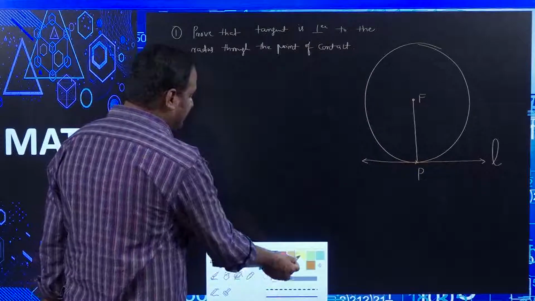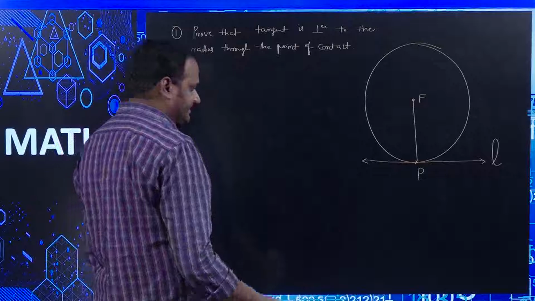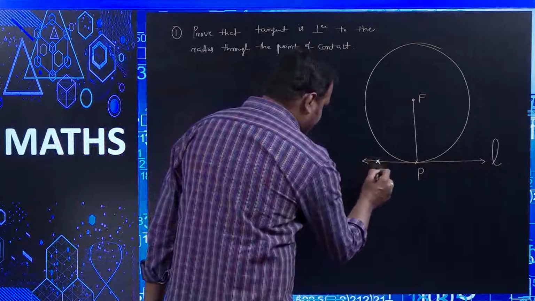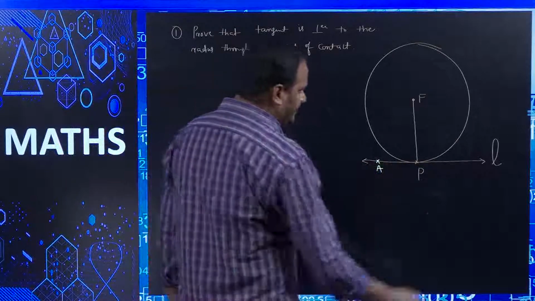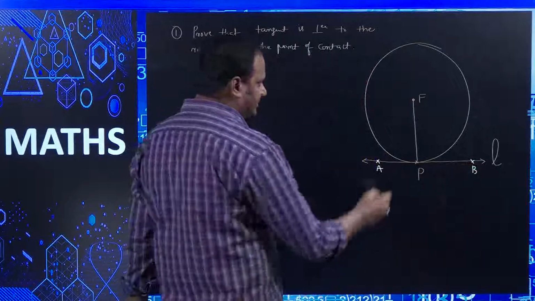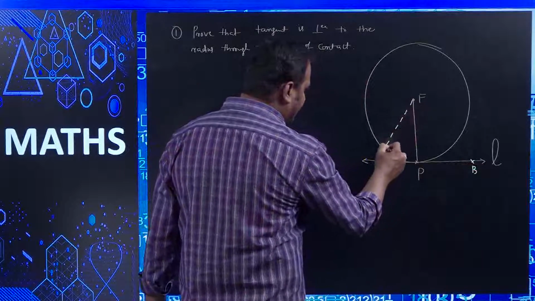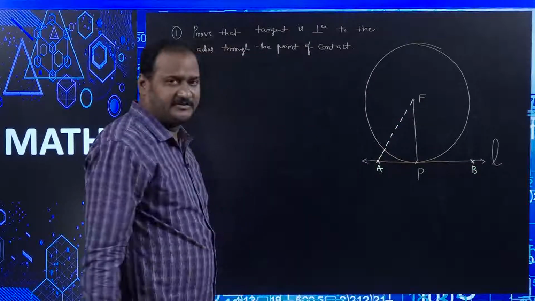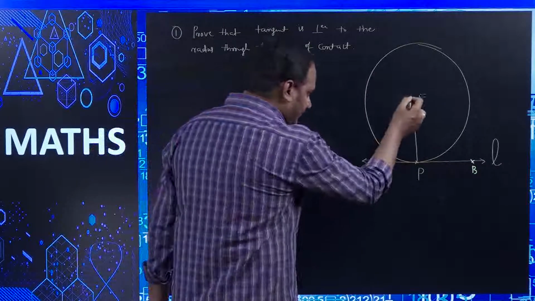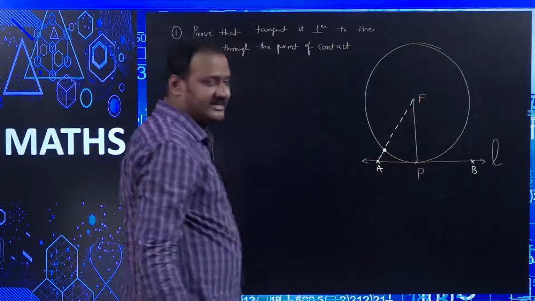A few points means one point on this side and one point on that side of the tangent. For example, I am taking one point here, let it be A, and one more point here, let it be B. What am I going to do here? I am going to join F and A. When I join F and A, another line is formed, and that line intersects the circle at one point.